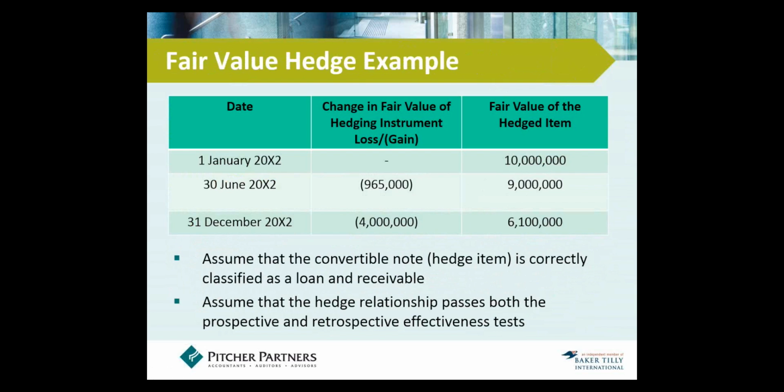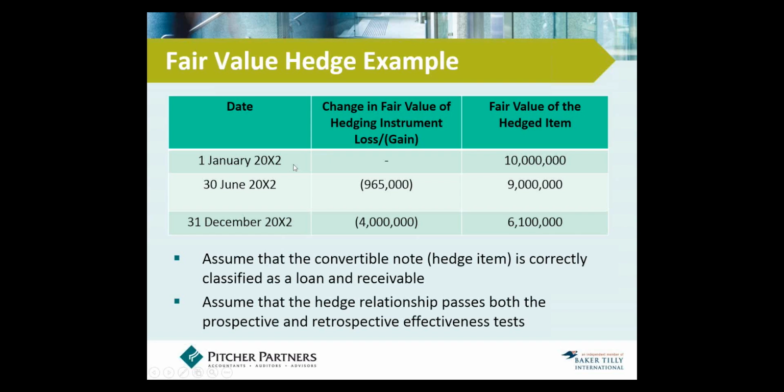But then the entity also decided that we are a little bit worried about the potential movement on this interest rate risk, and therefore we entered into an interest rate swap. So that's our derivative. And then we are given this information.